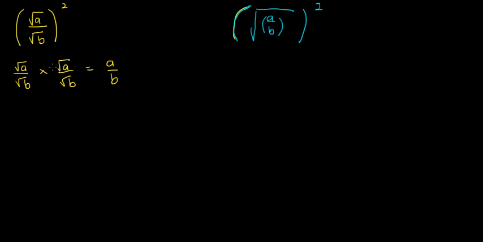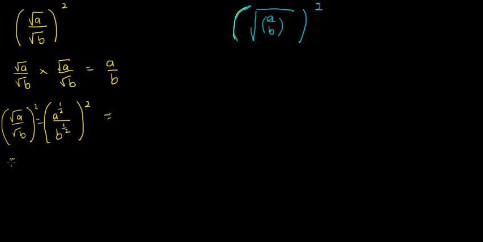But if you prefer, you can work with indices, right? Instead of writing root a over root b, you can re-express this as a raised to the power half over b raised to the power half, because the square root is represented with the index of a half. So if I want this value squared, all I have to do is multiply the indices.